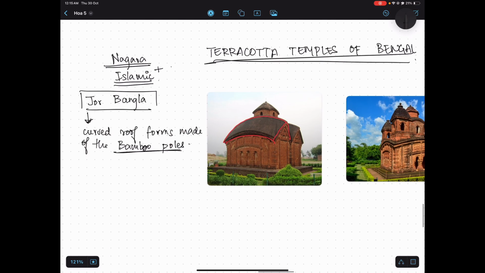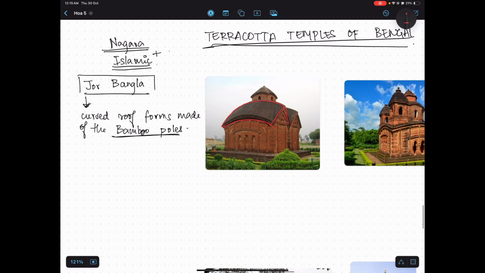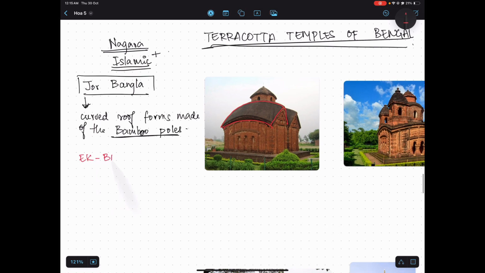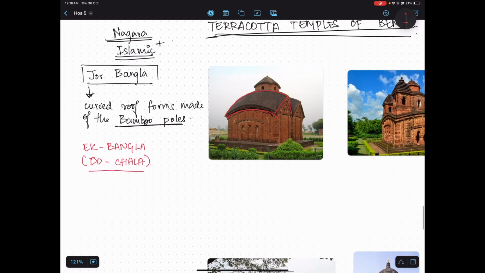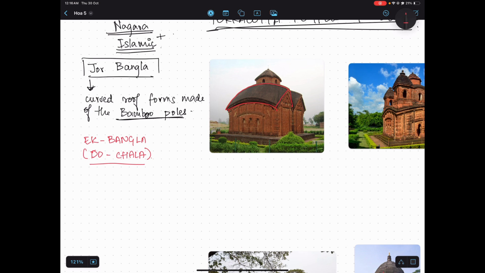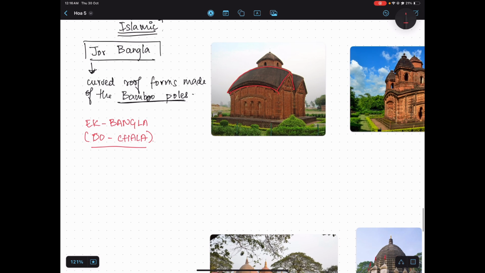If you have one such hut, it's called Ek Bangla or Do Chala. And if you have 2 such huts, one being the porch and the other being the shrine or the Garbhagriha, it is called Jor Bangla or Char Chala.